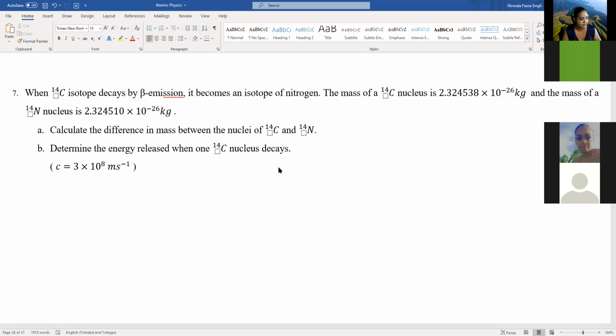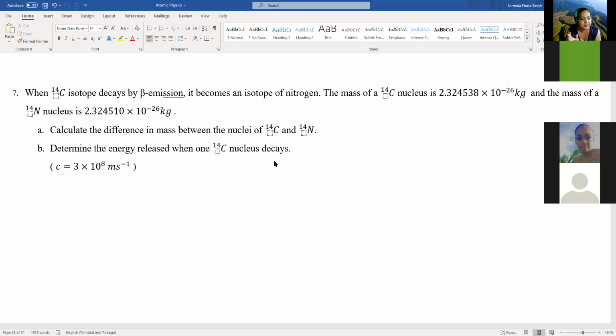Question 7 here is basically doing subtraction, addition, and subtraction and multiplication. Let's go through it real fast. I'm not going to work it out. All right. But let's follow up. When a C14 isotope decays by beta emission, it becomes an isotope of nitrogen.